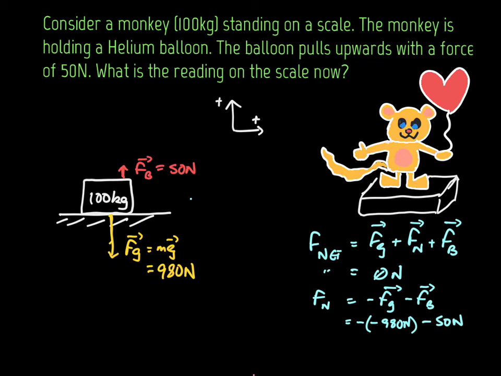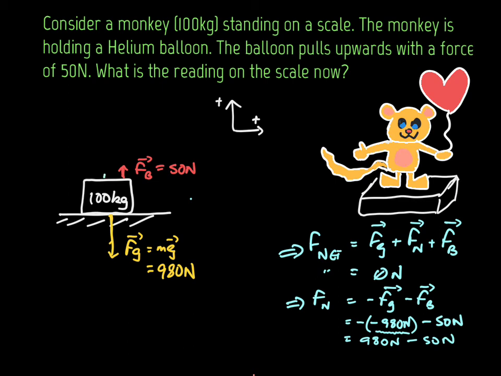So if we have a look at this, we can see that overall the Fnet value is going to be 0, because the monkey's not accelerating up or down. And so if we rearrange our terms here, we get that Fn is equal to negative Fg minus Fb. Now, of course, if we're sticking to our sign convention, then the downward force had a negative, which makes this whole thing positive. So we have 980 minus 50 newtons.